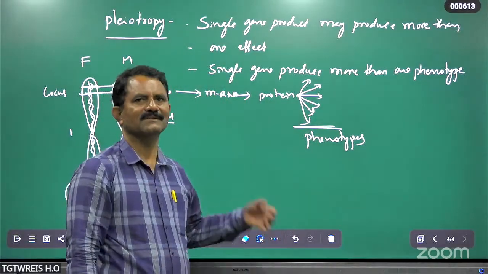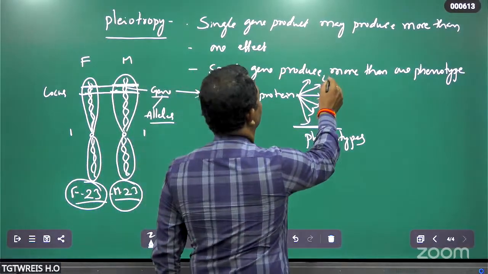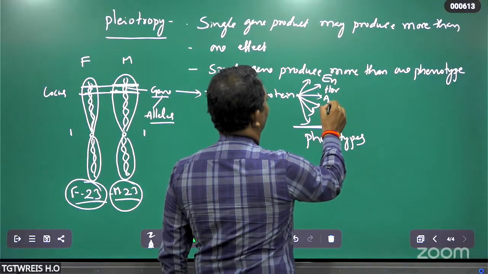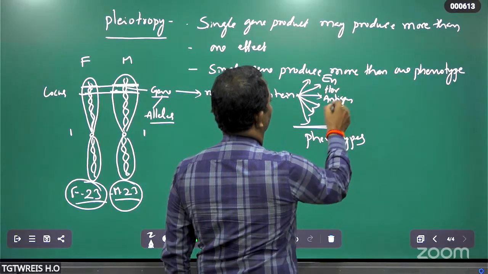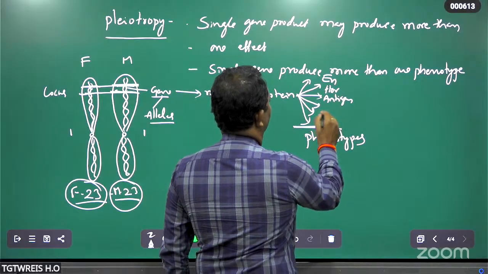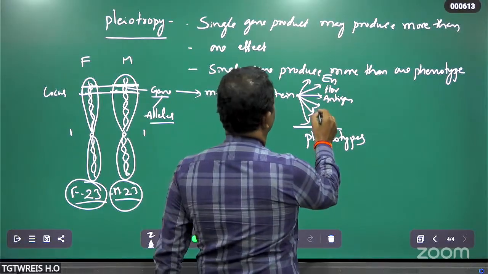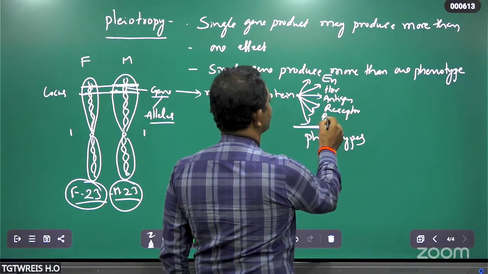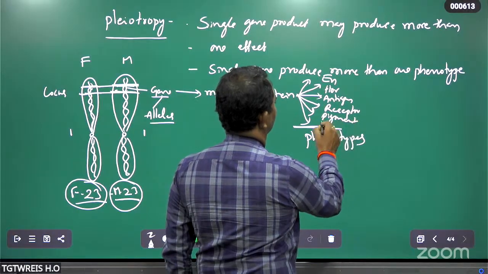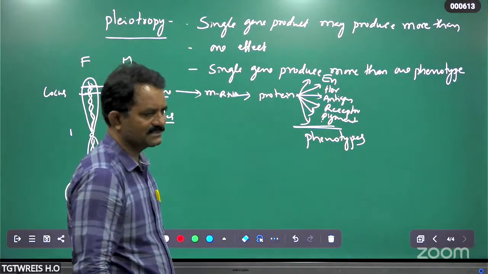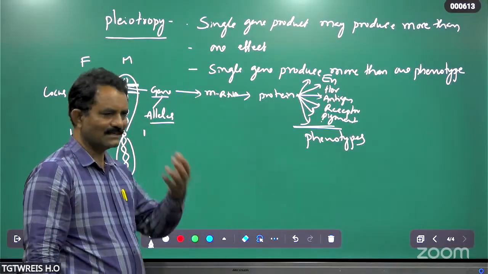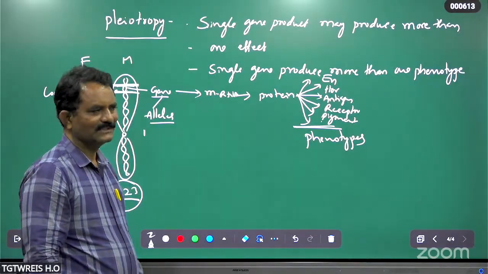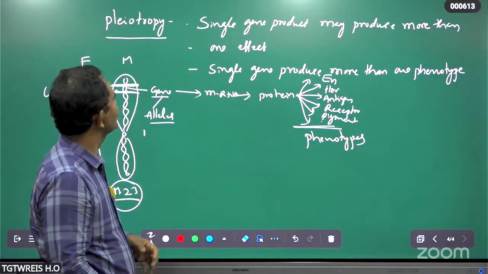That may be an enzyme, a hormone, an antigen, a receptor, or pigments. So everything is the product of a gene. We can see the color, the height, the hair. These are all phenotypic characters that we can see.